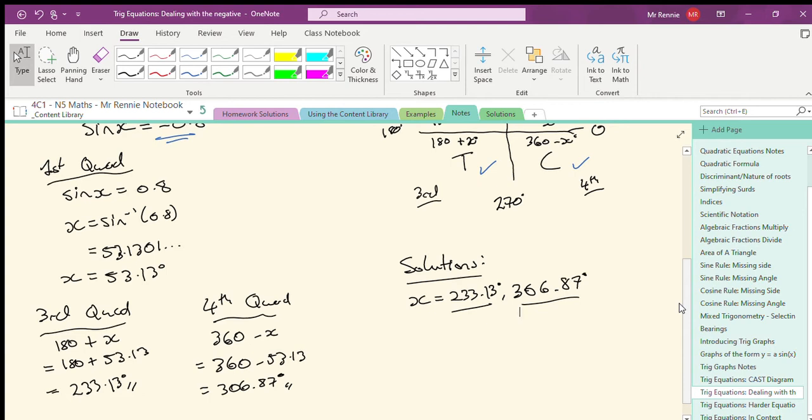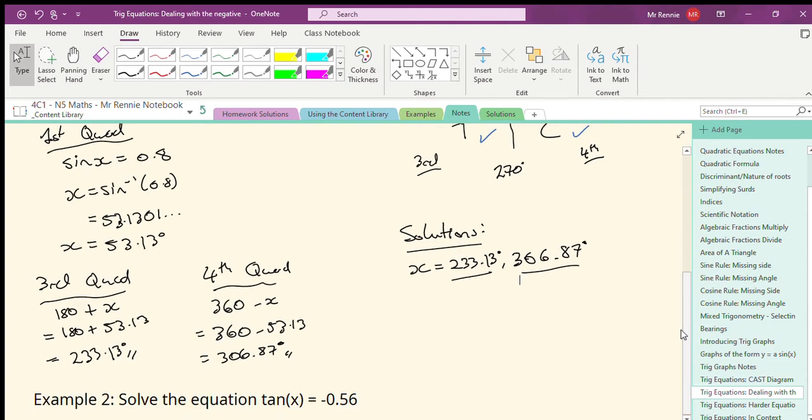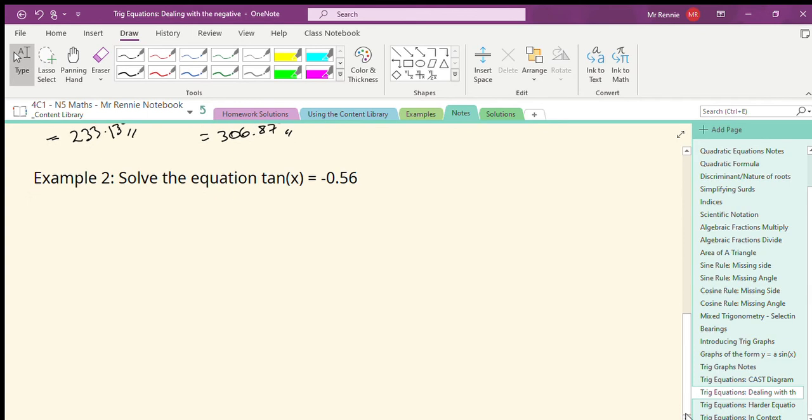We'll copy the second one, and hopefully you see that it works very similarly at all times. You've just got to be careful which ones you're ticking. The next example is when tan is now negative 0.56. So let's get my CAST diagram out: all, sine, tan, cos. Make sure you're setting this up properly.